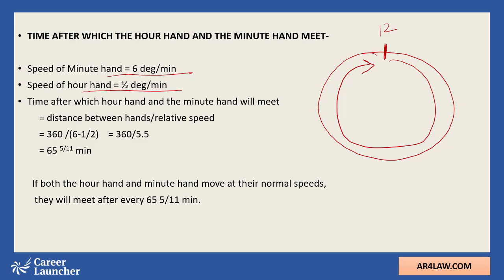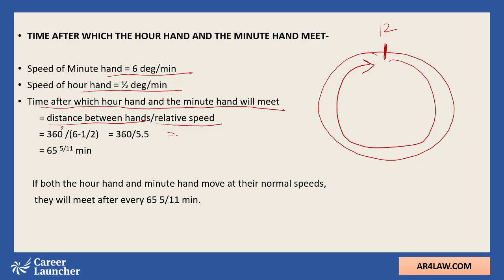So we know time is distance upon speed. So the time after which the hour hand and the minute hand should meet would be given by the distance between the hands upon the relative speed. Now here the distance to be traveled in order to meet is nothing but one full rotation. That's why the distance will become 360 degrees and the relative speed is 11/2 degrees, or 5.5.